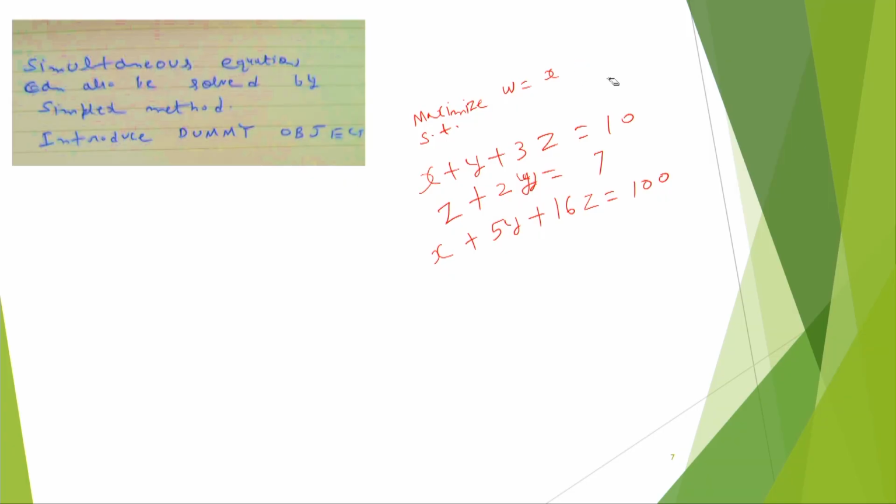There are 3 equations, full equality equations, and 3 unknowns. So naturally you will get the values of x, y, z. The optimization variable can be anything. You can say maximize w is equal to x plus y, or simply say maximize w is equal to x also. It doesn't matter. You put it there in the LP problem.